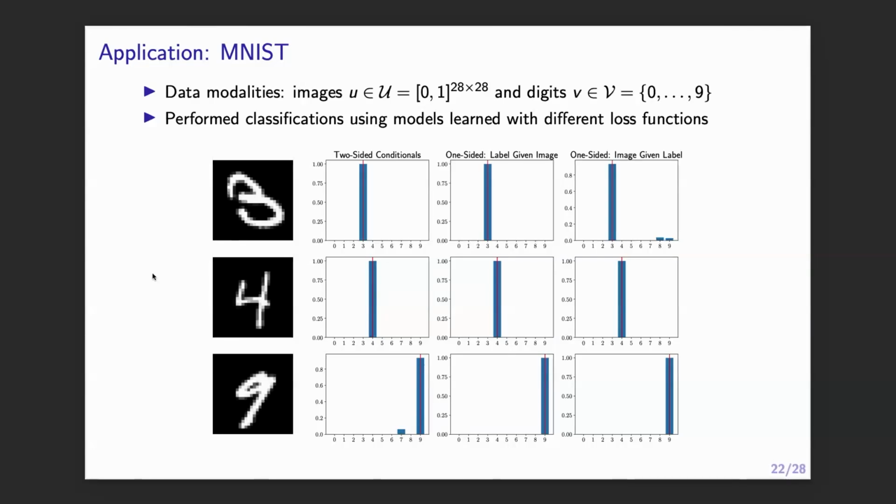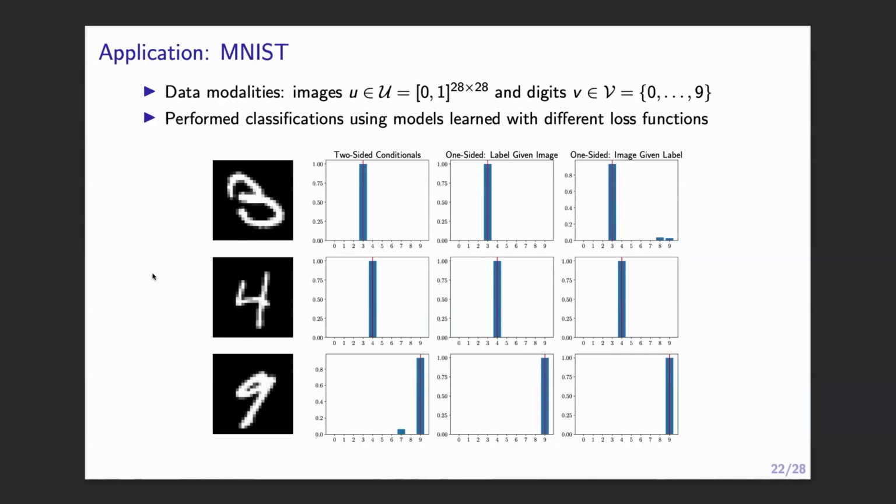If you look at the probabilities associated with each label given a particular image, what's interesting is that if you just try to match the label, like build a classifier, it's going to be very confident about one particular label. But if you look at other losses, like generative losses or those that try to match both conditionals, they actually introduce some uncertainty, which I would argue is kind of natural.